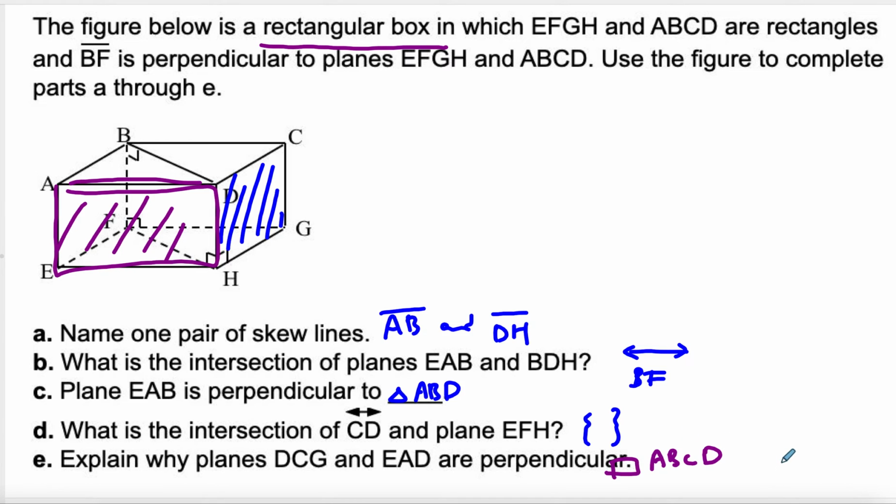All four angles are right angles, 90 degrees. So this is a 90-degree angle here, right? I'm going to write that here. This is a 90-degree angle. So this plane and that plane meet at a 90-degree angle. That's why it is perpendicular.